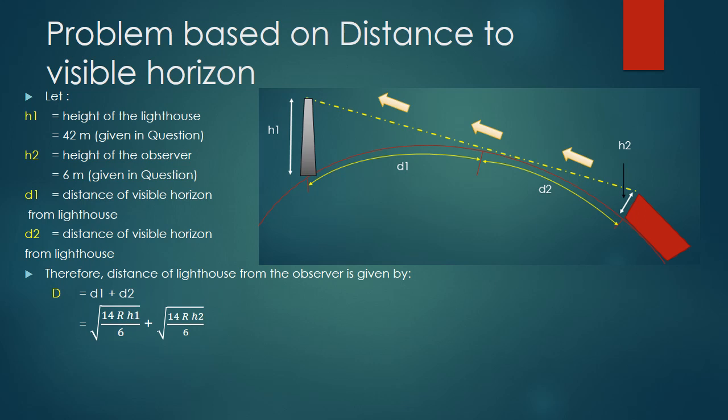Just substitute the values of r and h1, and r and h2, in both equations. 6370 is the radius of the earth, h1 is 42 meters, and h2 is 6 meters. If you solve it, we get a value of 34.42 kilometers.